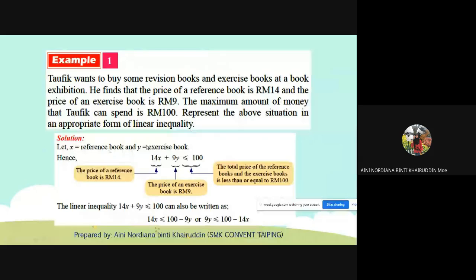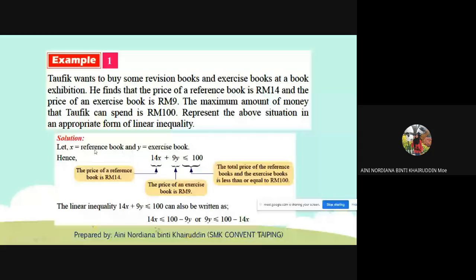You can use any letter to represent any variable. 14 ringgit times reference books plus 9 ringgit times the number of exercise books. The total must not be more than 100 ringgit.